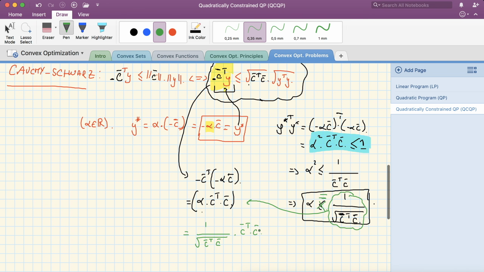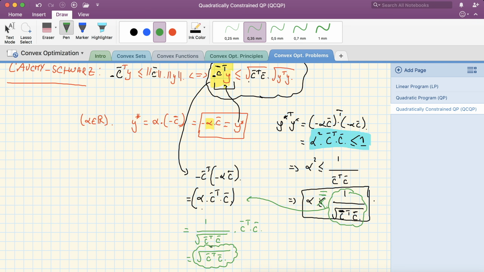Now, since c bar transpose c bar is a constant, a scalar, so is the square root, right? So we can cancel this with this, and we're left with the square root of c bar transpose c bar. So this is your optimal cost. Now, what is the optimal value? y star is minus alpha c bar, right?